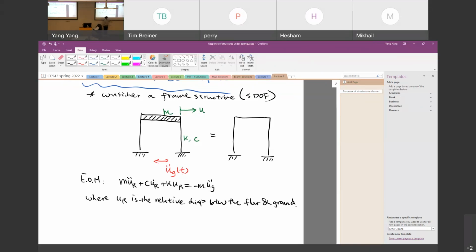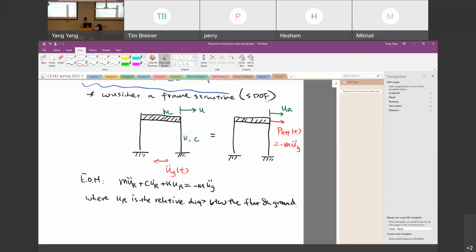There is no motion in the ground, but the floor will have some relative displacement, and we have an equivalent force here. That's very important.